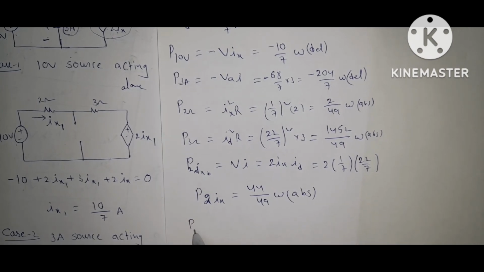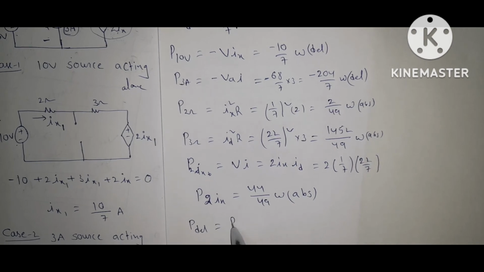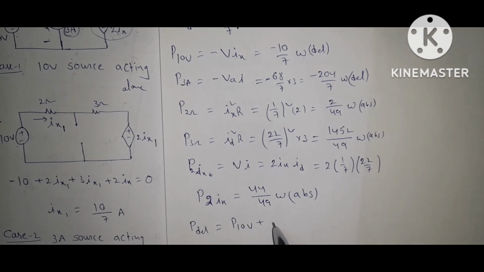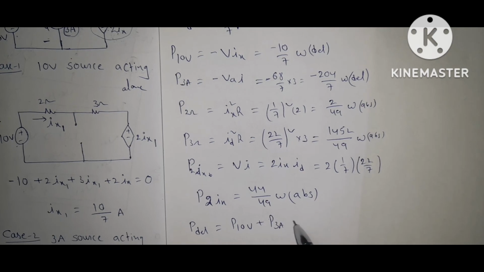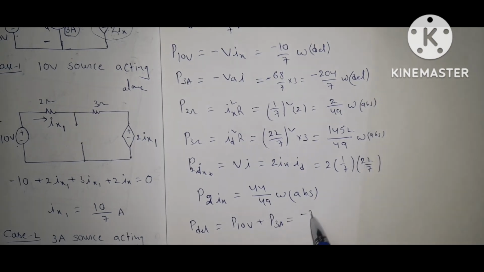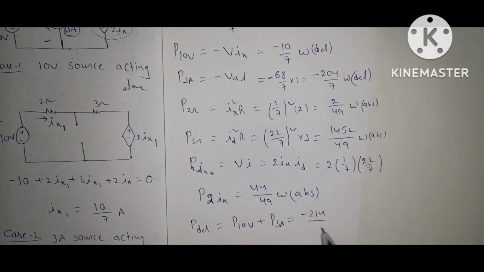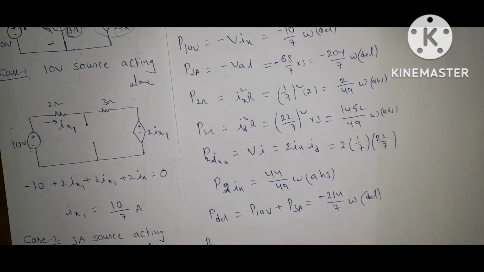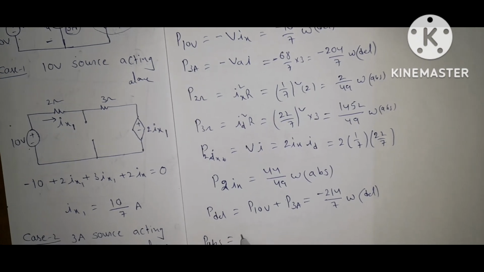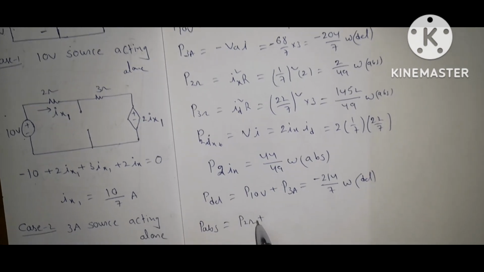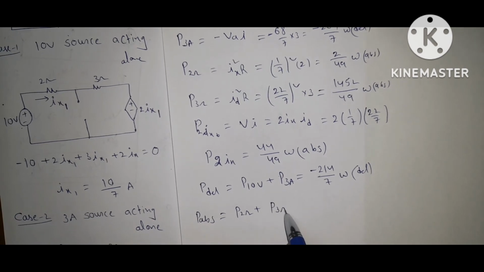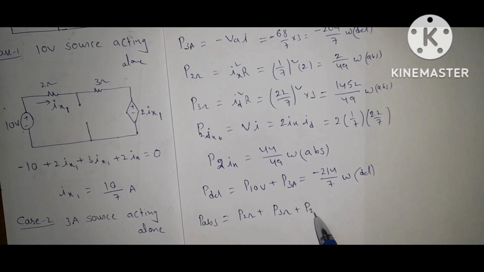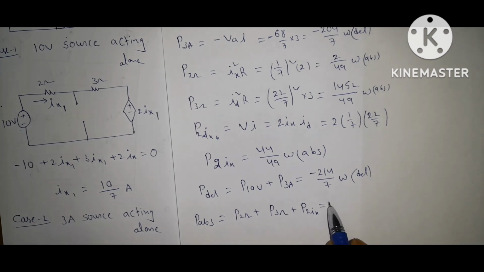Now what is the power delivered? Power delivered is equal to P10 volts plus P3 ampere source. So you will get minus 214 by 7 watts. This is delivering. Now what is the power absorbed? P absorbed is equal to P2 ohm plus P3 ohm plus P of the 2Ix dependent source.